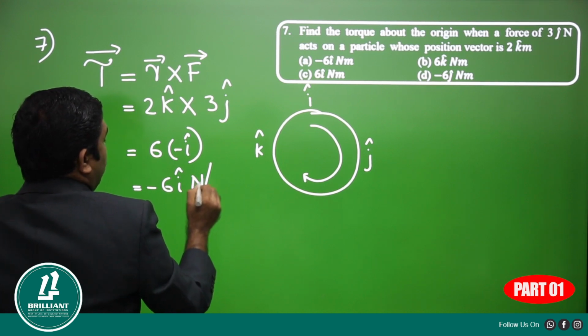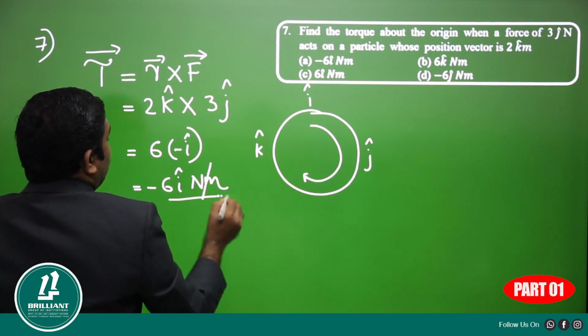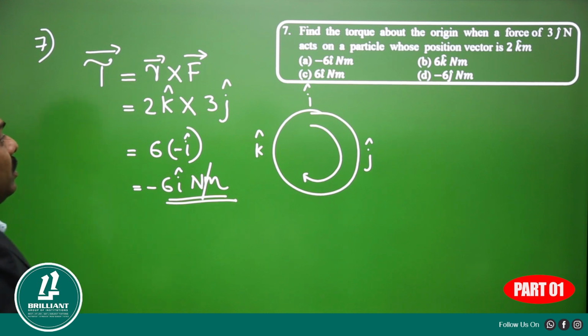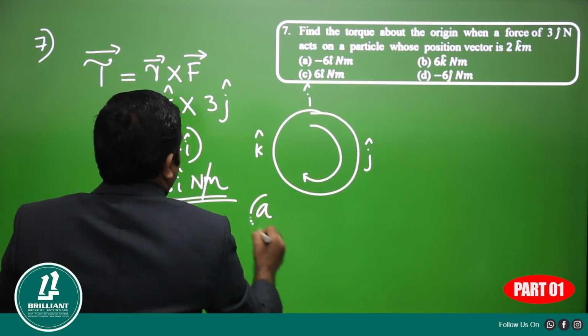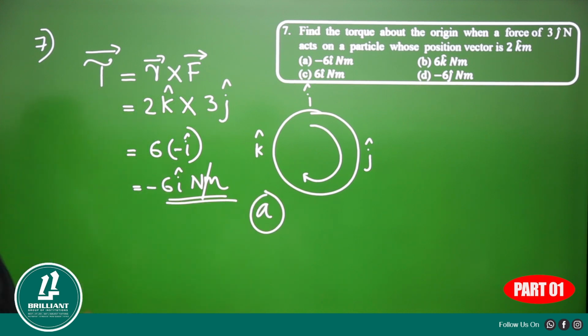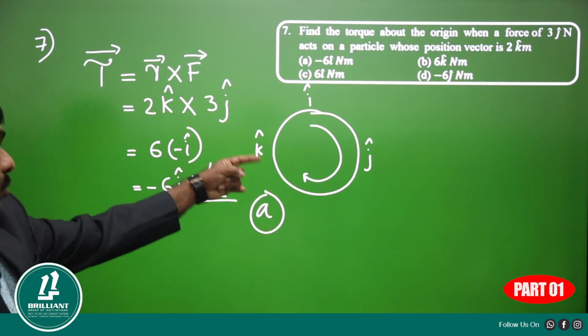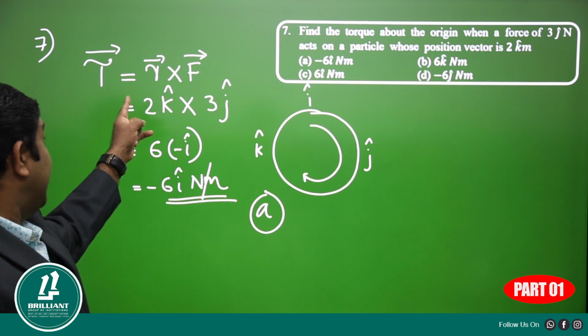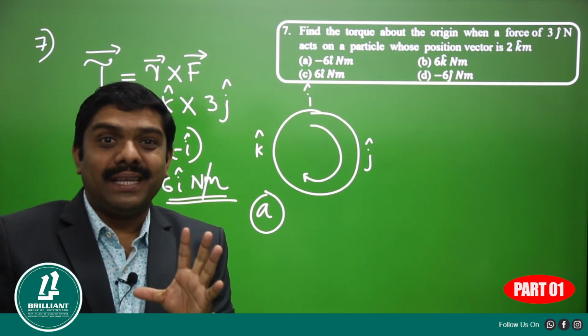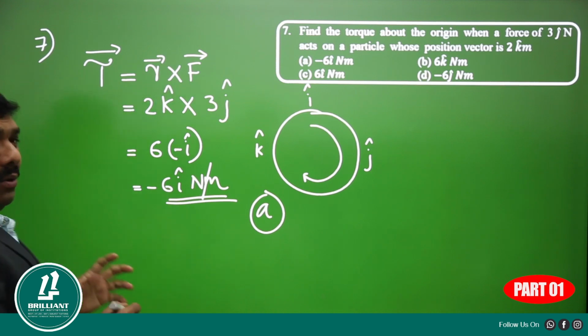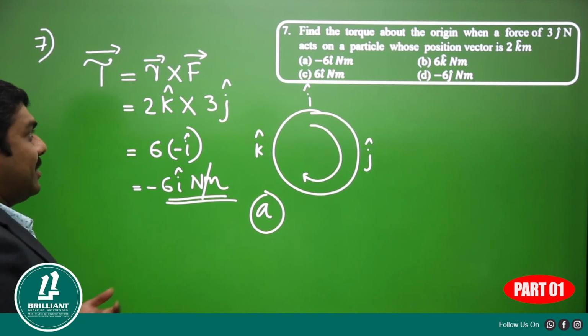Newton meter is the unit of torque, or it is joule. So the right option is option A. Option A, the right one. Remember the cross product rule and take the equation torque is equal to R cross F. Now we are going to do the next question.